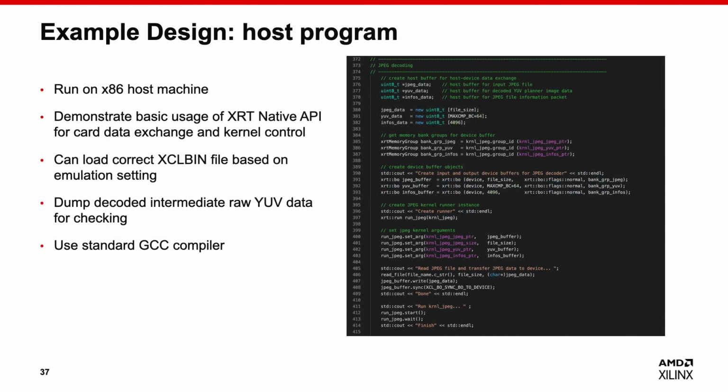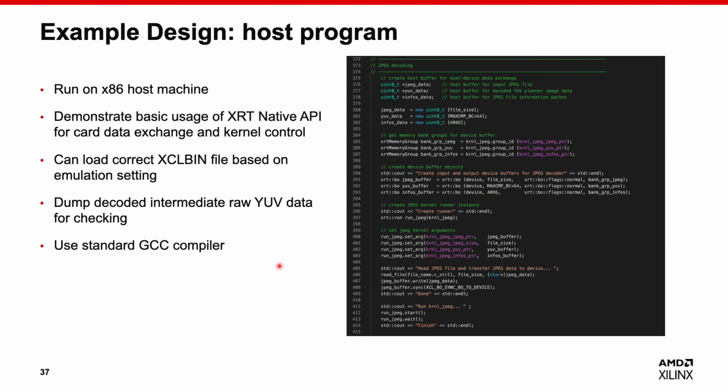The host program example includes the basic flow with XRT native API to load the xclbin file and control the kernel execution. It will transfer the JPEG file data to the card and dump the hardware processing result from the card to verify the result.